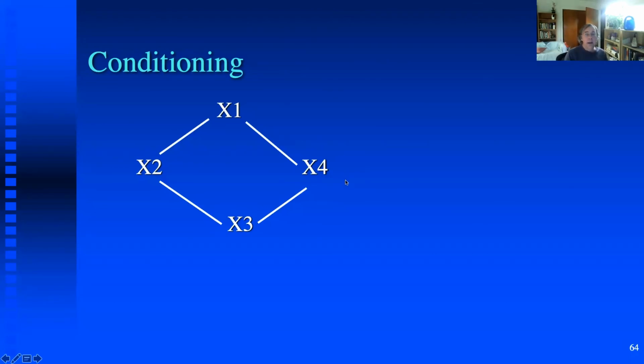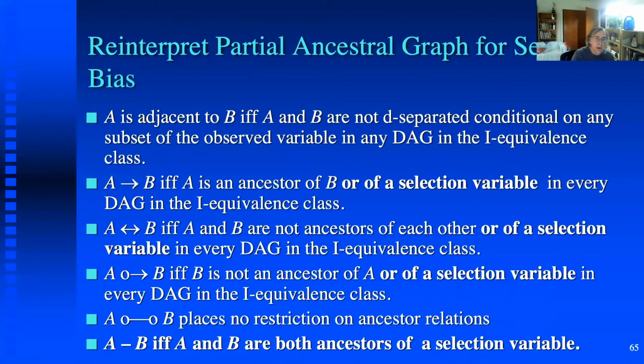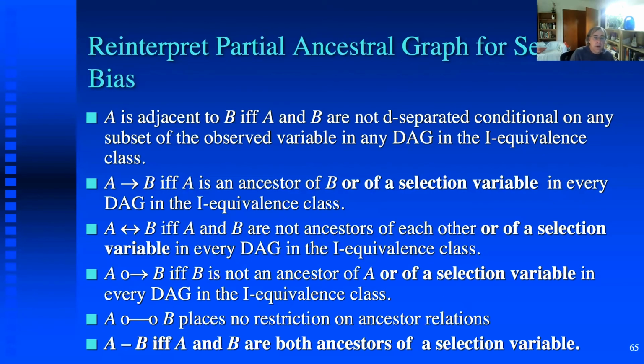So that's the kind of reasoning that we want to use, again, within FCI to say not only can we find some cases where we know there has to be unmeasured confounding, we can find other cases where we know that there has to be selection bias. And we can redefine our PAGs in such a way that we take our original definition.